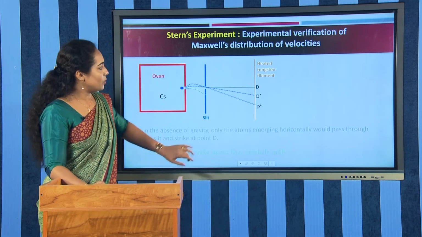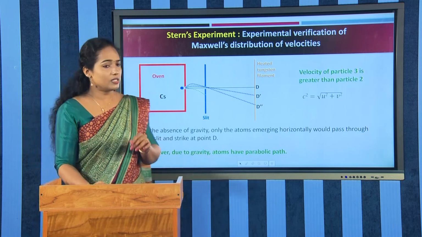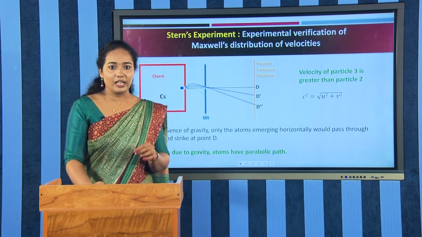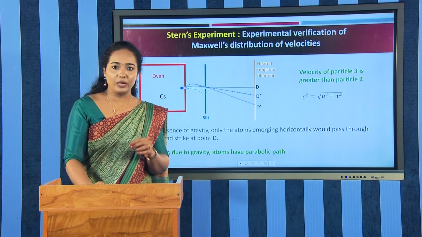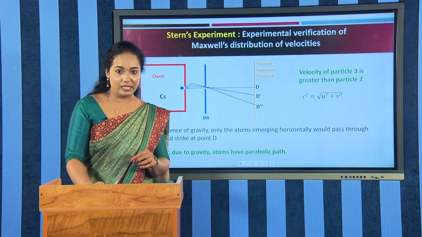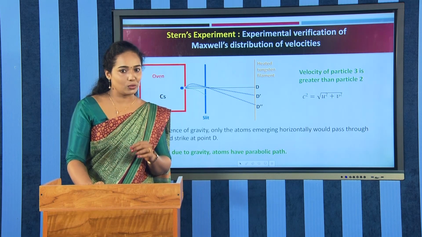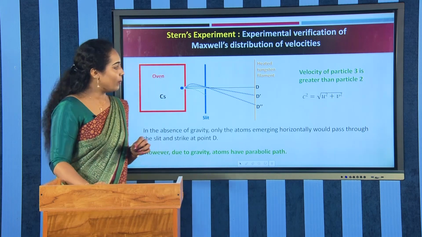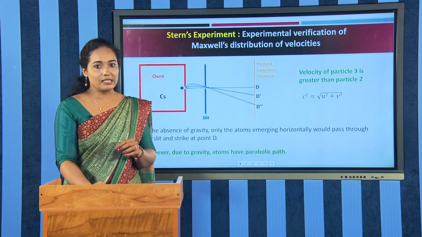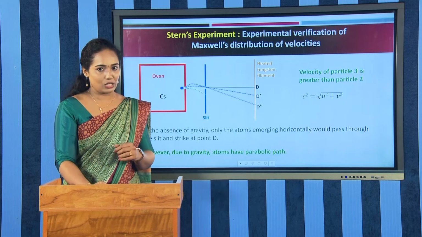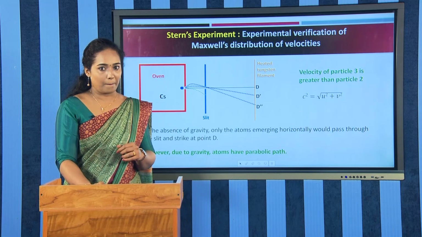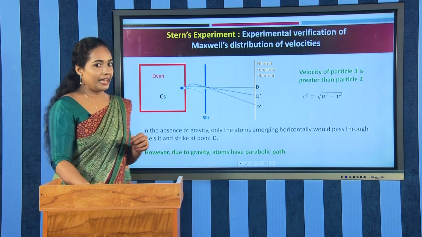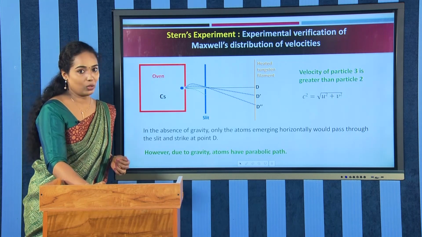Okay. And suppose u is the x component velocity and v is the y component velocity, then c is the root of u square plus v square, and for particle 2, v is lower than in the actual scenario. Hence particle 3 has higher velocity.